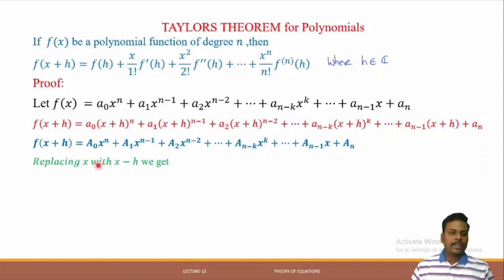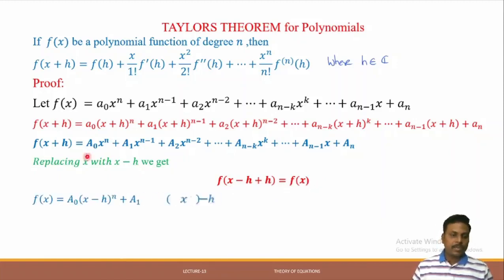Replace x with x minus h. What do we get? f(x-h+h). That means replacing x with x-h, we get f(x-h+h), which is equal to f(x). That means LHS becomes f(x).